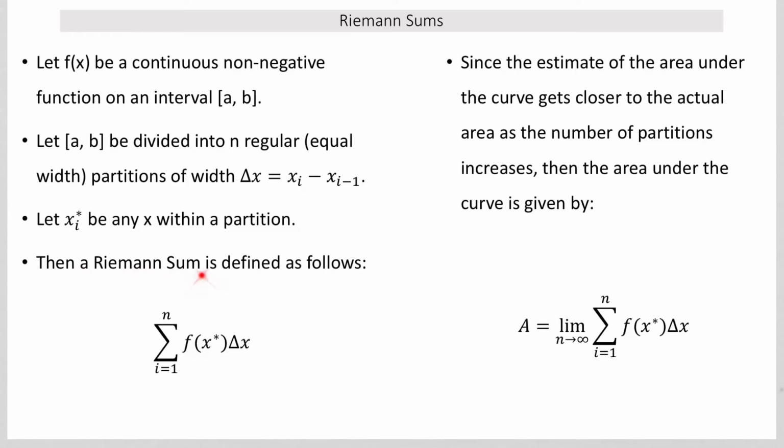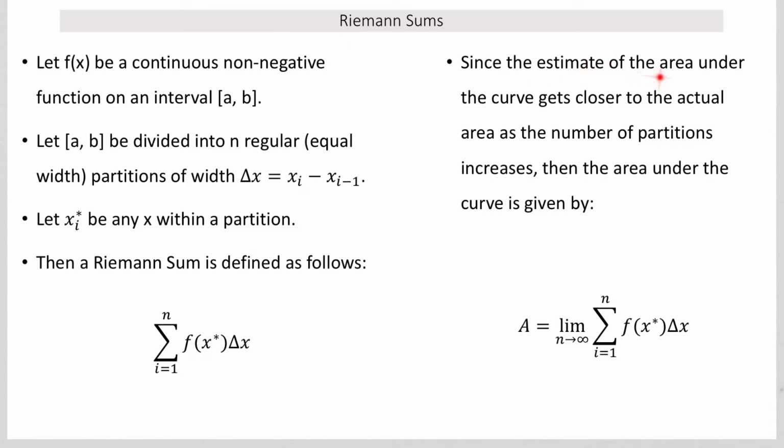Then a Riemann sum is defined as follows. The sum from i equals 1 to n of f of x_i star times delta x, where n is your number of rectangles. So you've summed up all of your rectangles, where x star can be taken, the value of f, the value of y, at any place in the rectangle.